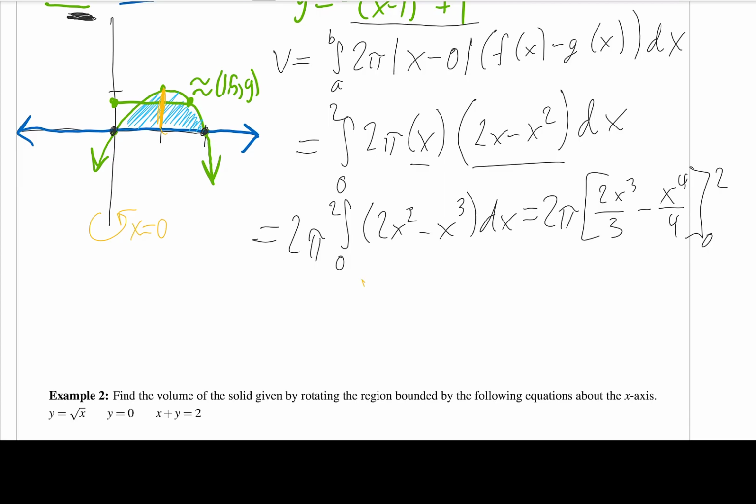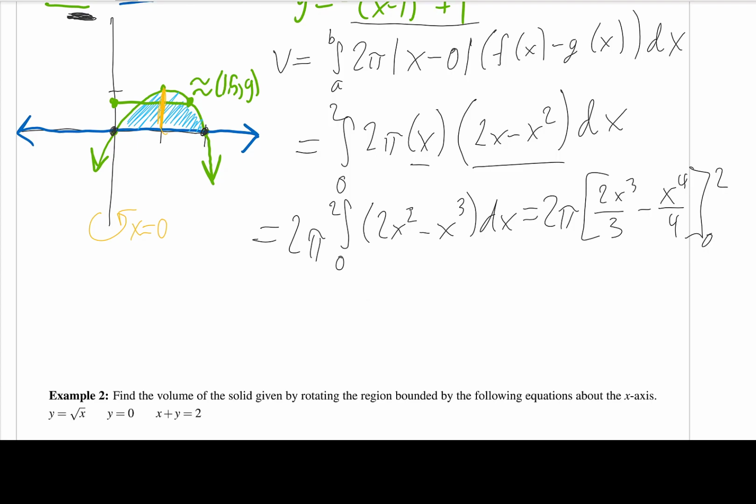What I'm saying is right here, I could have rewritten this as 4 pi times the integral from 0 to 1 of 2x squared minus x cubed. It's not a big deal right here. 2's not a bad number to deal with, but it does make things a little bit easier.